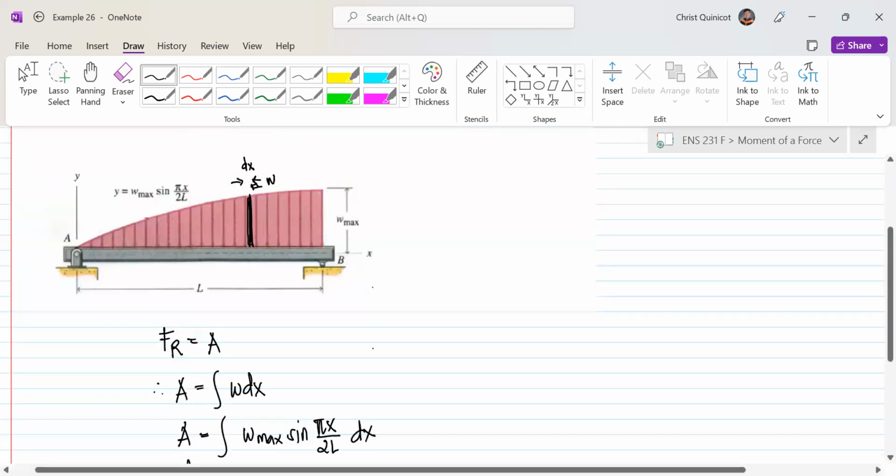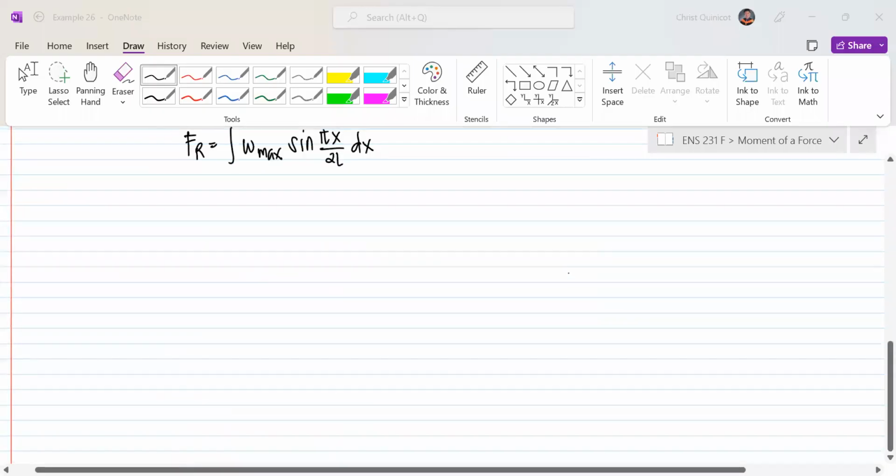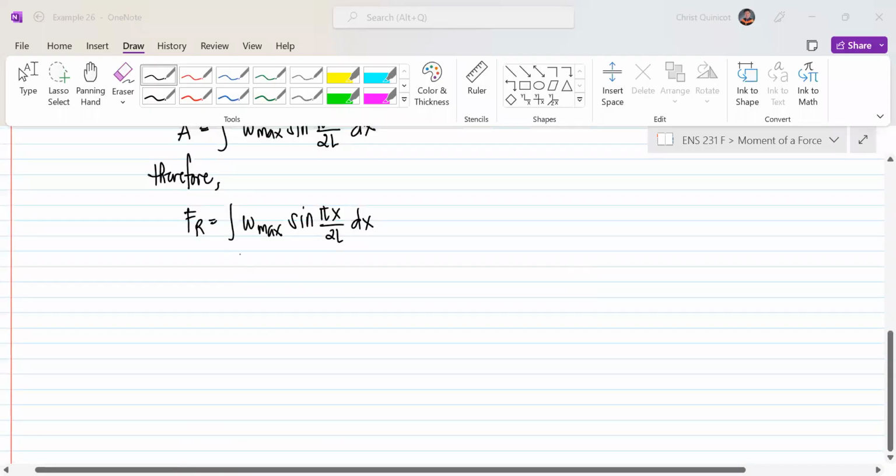And we are going to integrate that over the entire length, which is L. Okay, so from 0 to L.